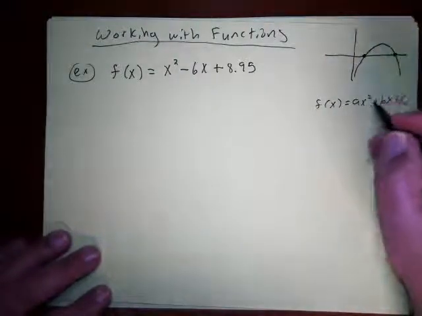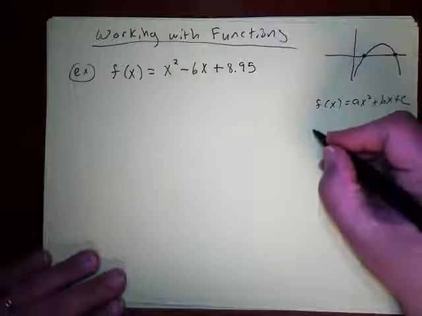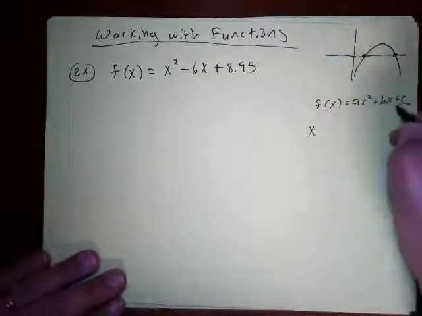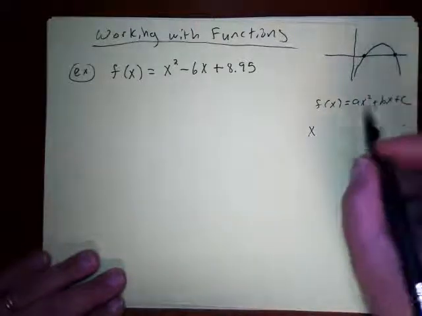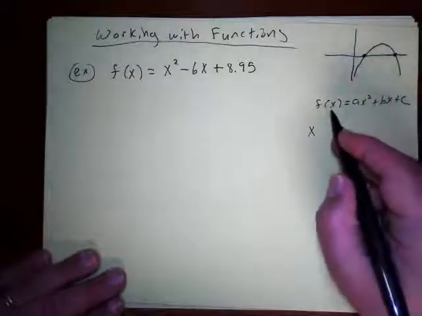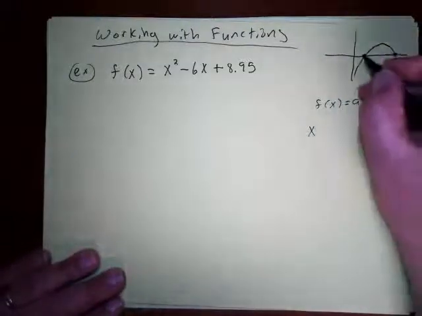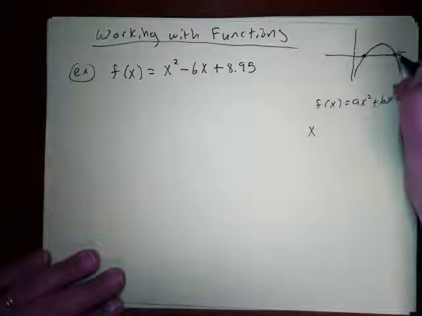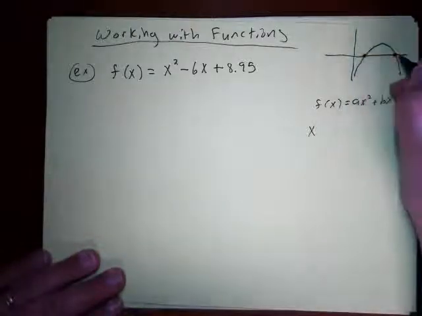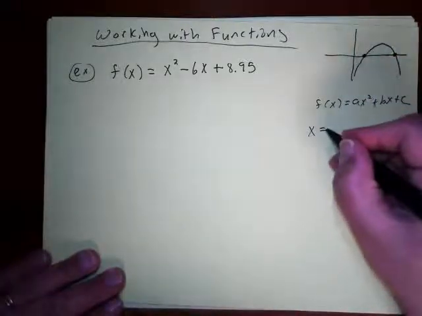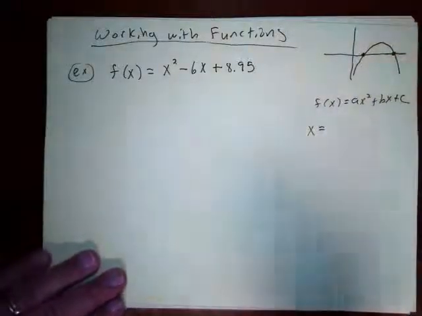And the quadratic formula, if you remember, gives the roots to this, and the roots are basically the x-coordinates that make this function equal to 0. And they are also where the function crosses the x-axis. Those are the roots of the equation, and you can use the quadratic formula to find those.